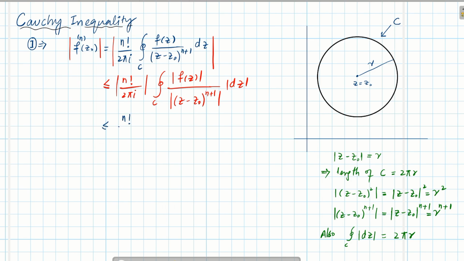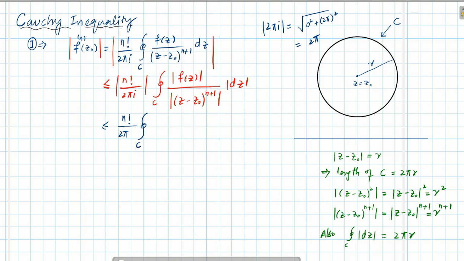So n factorial over 2 pi iota is again, no need to write in absolute. 2 pi iota mod can be written as 2 pi, because mod of 2 pi iota is equal to the square root of 0 square plus 2 pi whole square, there is no real part, and that would be equal to 2 pi. Okay, so the denominator mod 2 pi iota can be written as 2 pi, and then the integral along C.